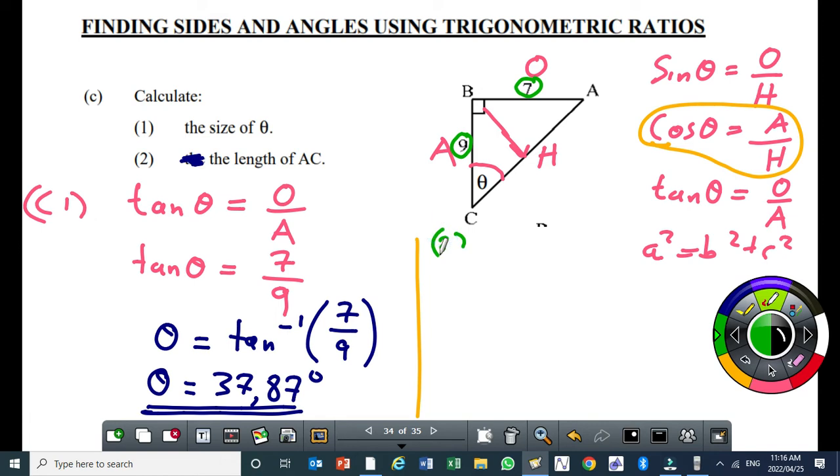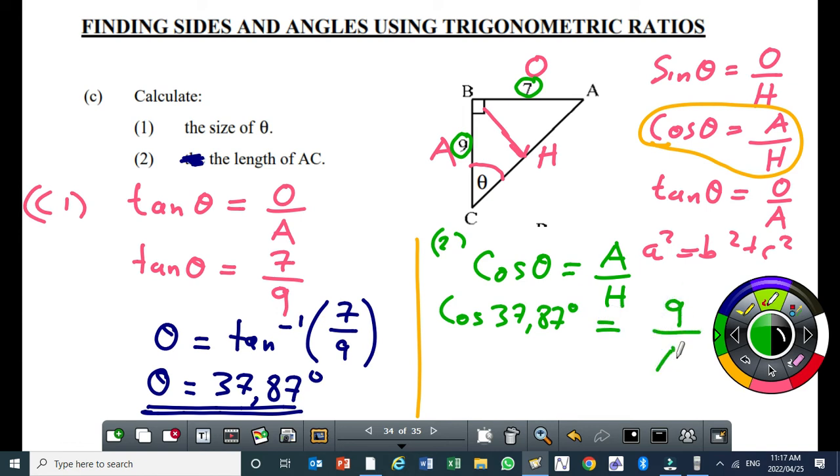To calculate AC, I'm going to use cos. So I'll say cosine of theta is equal to adjacent over hypotenuse. Okay? What is theta? I have calculated it. My theta is 37,87 degrees. What is my adjacent? It's 9. I want to calculate AC.